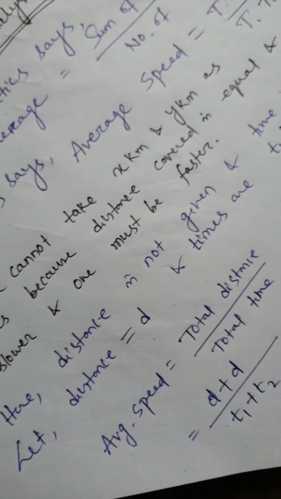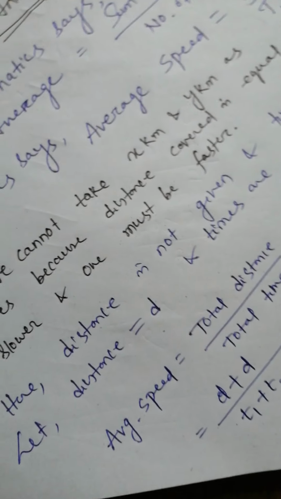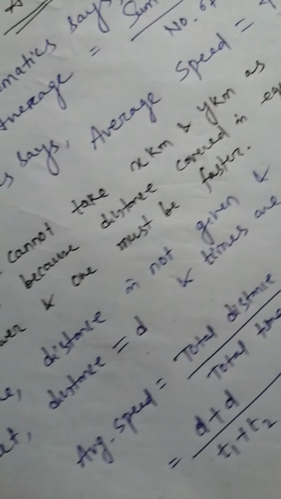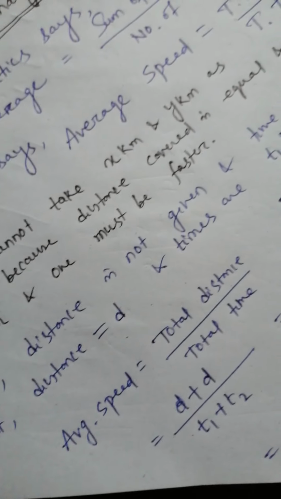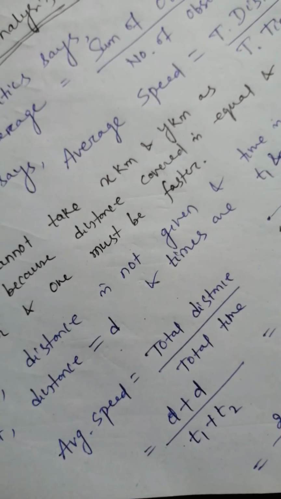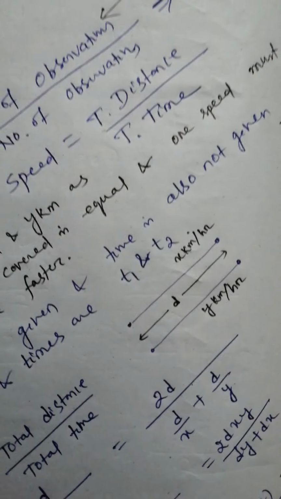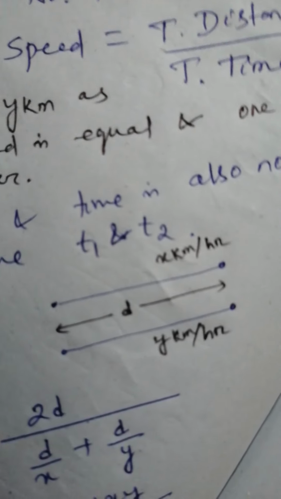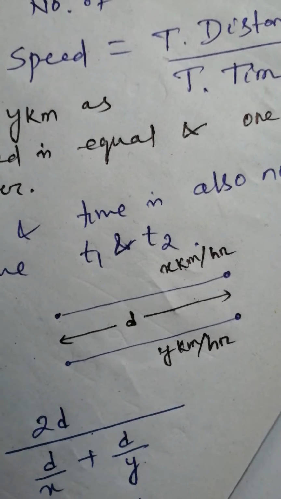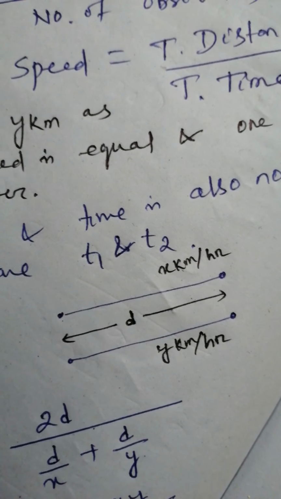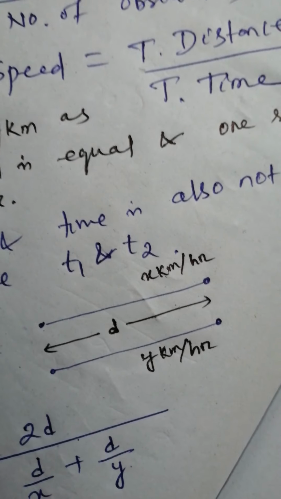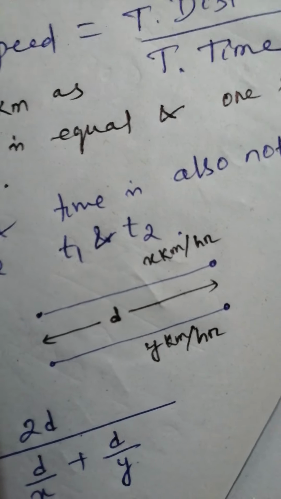So, what I have done here, as we know distance is not given and time is also not given. So, let us take distance equal to small d and times are small t1 and t2. Also, we have given that the distance is same. That means for the speed x km per hour and for the speed y km per hour, the distance is same, that is d.